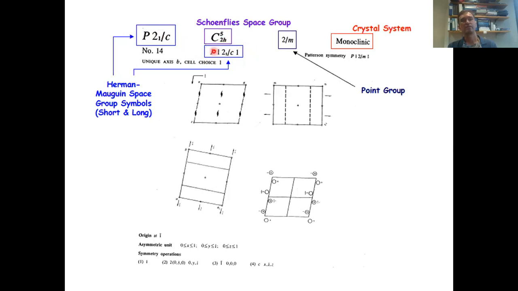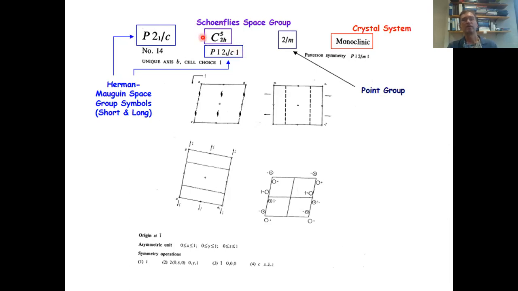That means that we have no symmetry element in the A direction. We have the 2-1 screw axis in B direction, and the C glide plane stands perpendicular to the B direction. And in C direction, again, we do not have a symmetry element present.